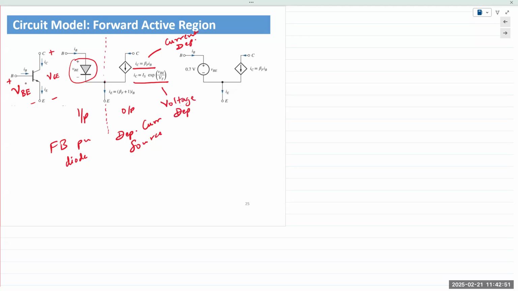As an engineer, you get to choose which model fits your application the best. On the input side, we have the input voltage VBE or the input current IB. The output side, we can label as a dependent current source that is controlled by the input current IB. Or we can alternatively model it as a current source that is controlled by the input voltage VBE.